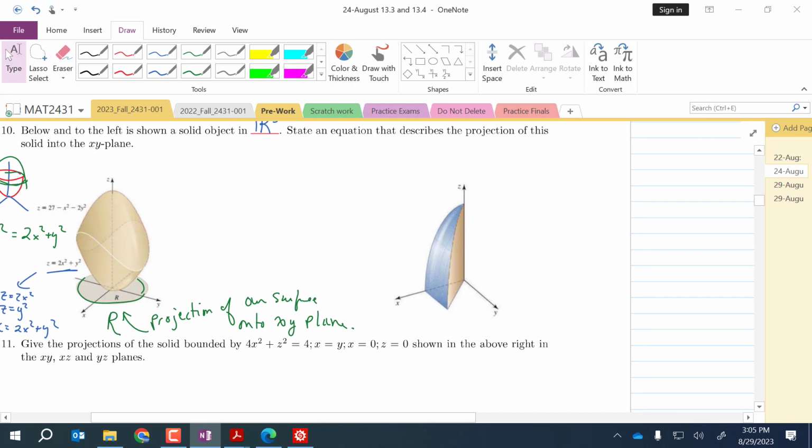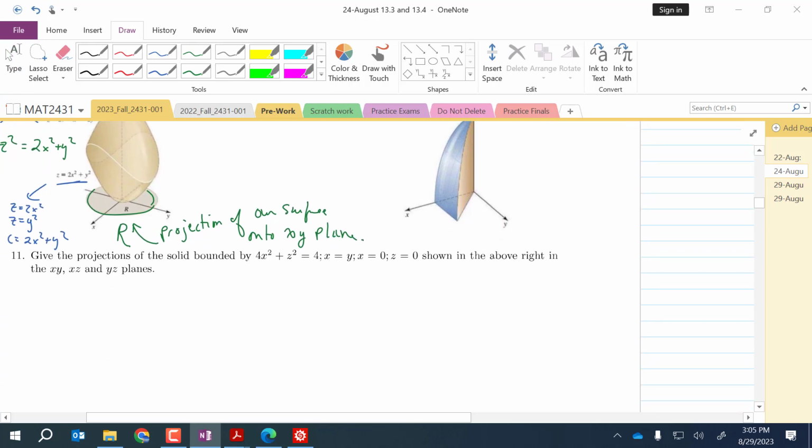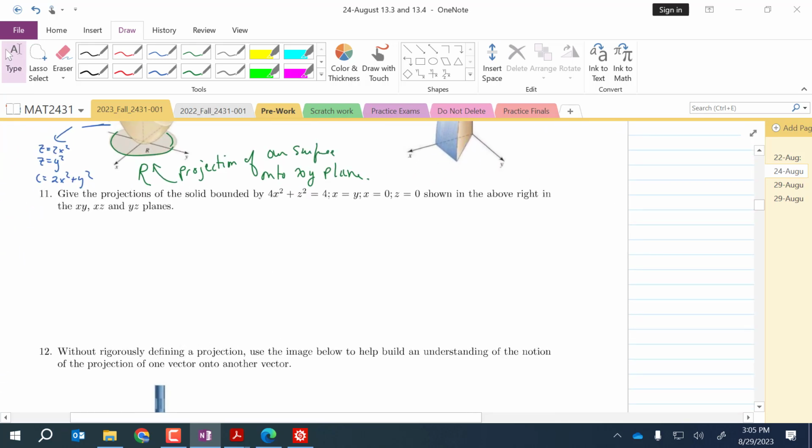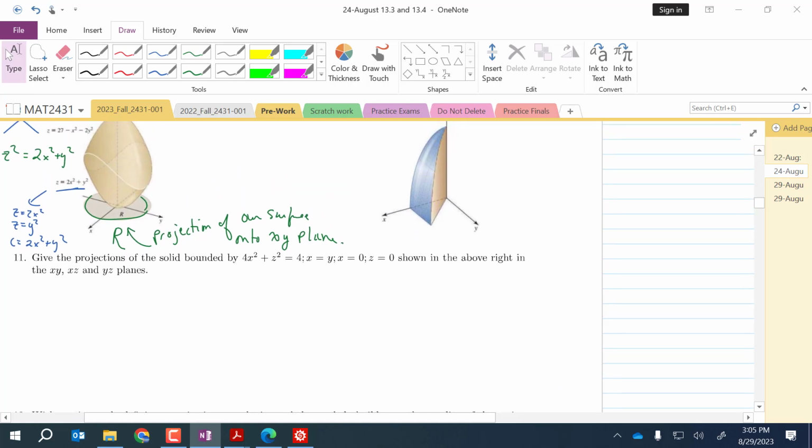Okay, how are we doing here? All right. So here, what I want you to do is I want to talk about sketching the projections of this surface formed by these various intersections. I want you to project them into the xy plane, the xz plane, and the yz plane.